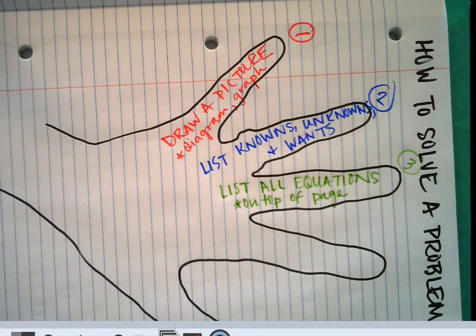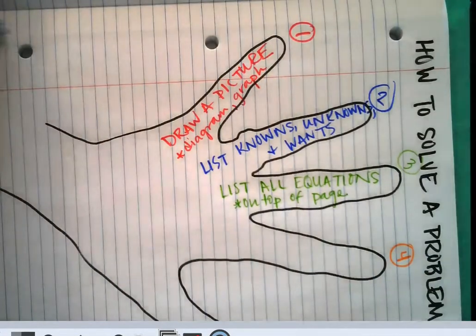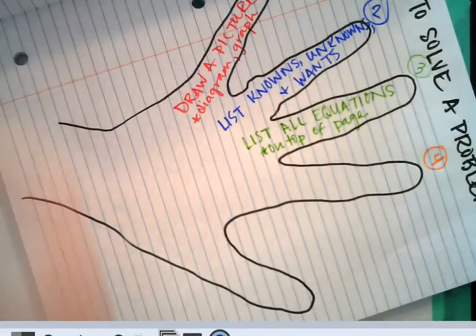Every time I discover I need a new equation, I add it to the top of my homework page. So that way, as I work my way through an assignment, bit by bit, I collect all the information that I need. Remember, you can pause this video at any time that you need to review this information.